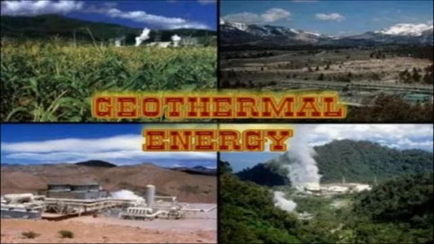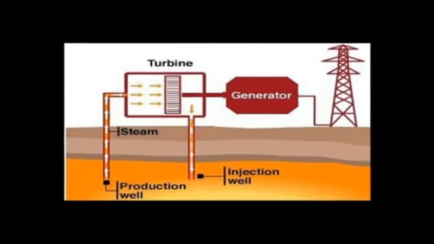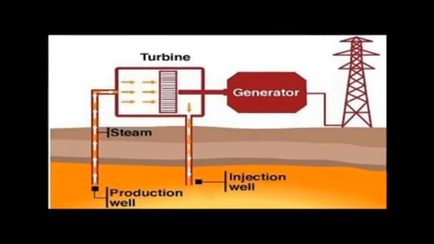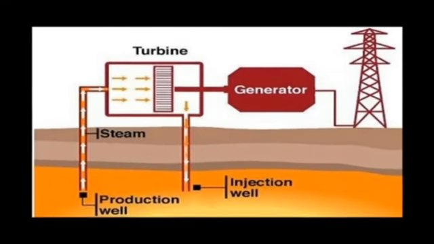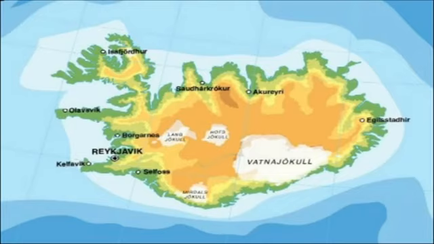Next is geothermal energy. This refers to the heat energy emanating from the Earth's interior, which could be used for heating or for generating electricity. The production of geothermal energy can occur only in areas where hot rocks lie near the Earth's surface.